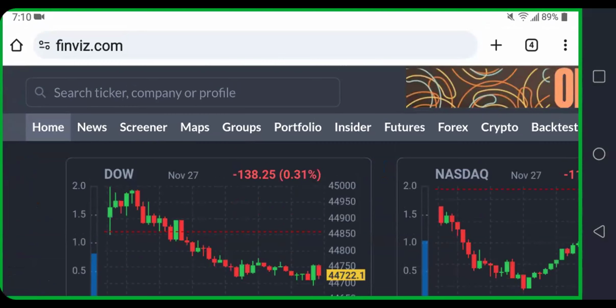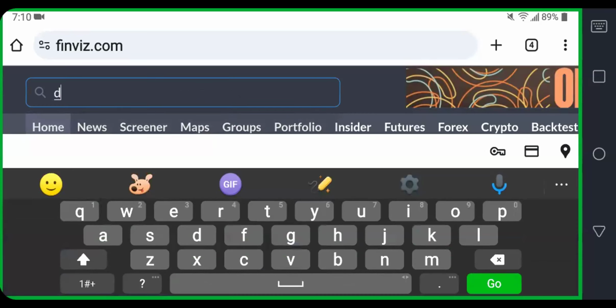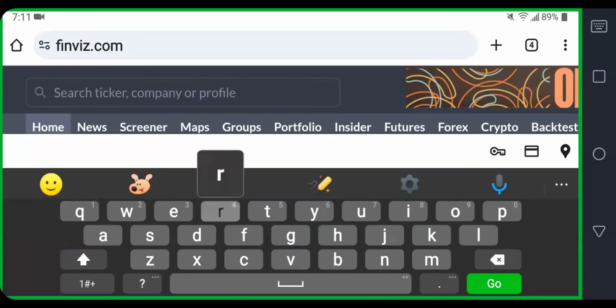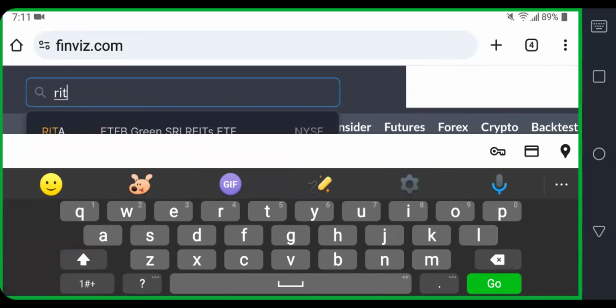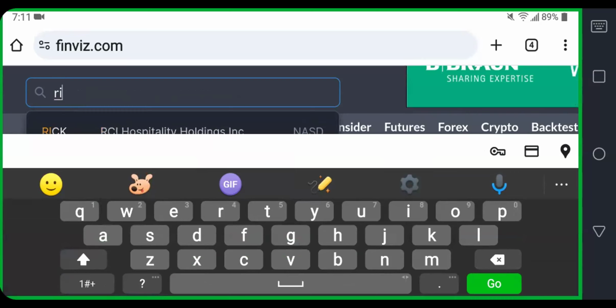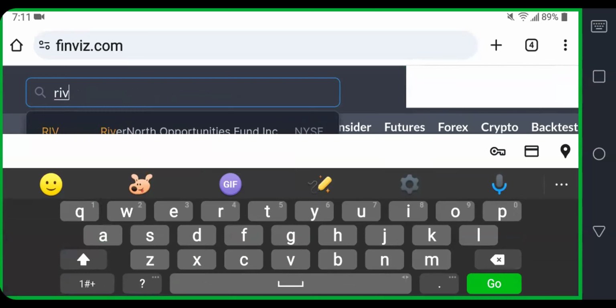Let's look at RIVN. R for Romeo, I for India, V for Victor, and N for Nancy. Rivian. Yeah, Rivian. Okay.